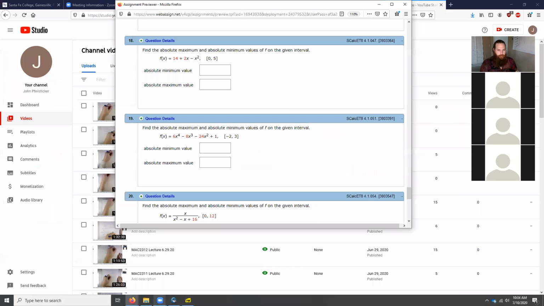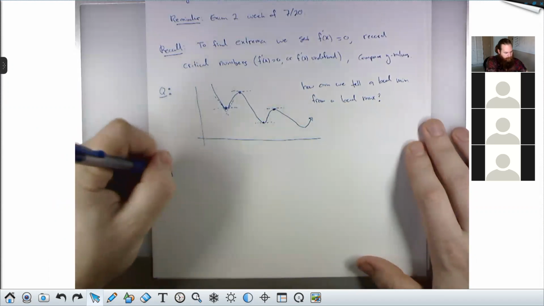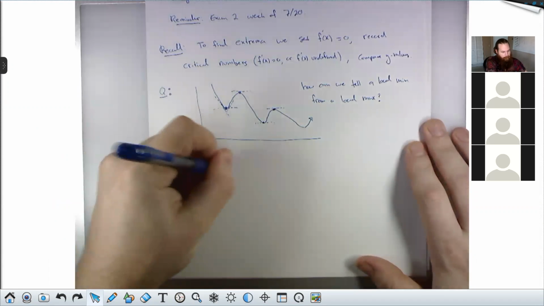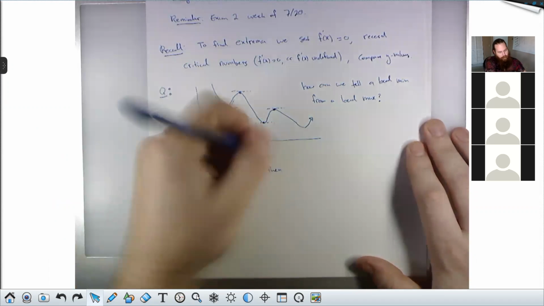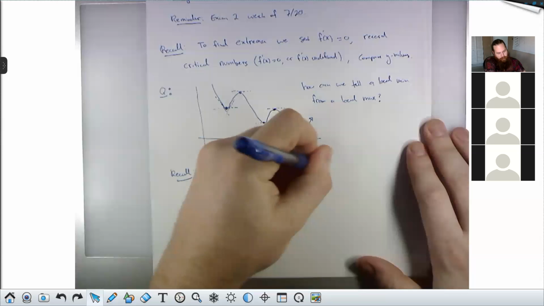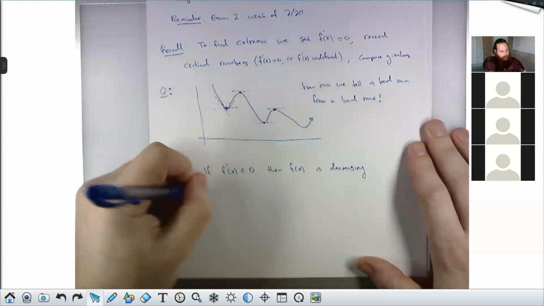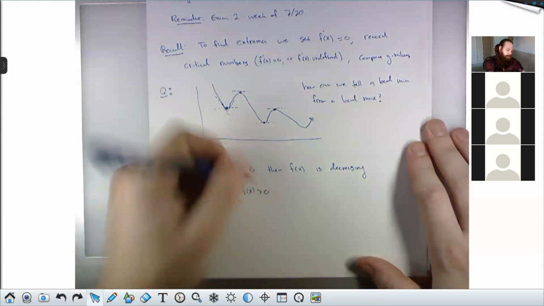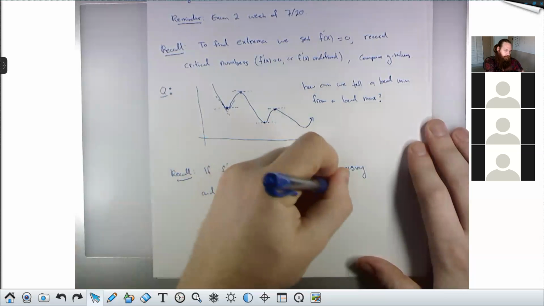So something we've said in the past. If f prime of x is negative, then f of x is decreasing. And if f prime of x is positive, then f of x is increasing.